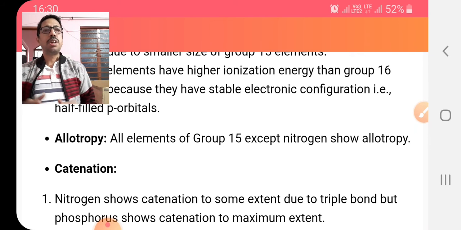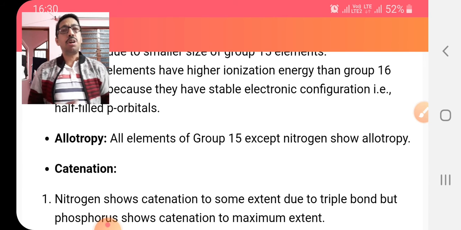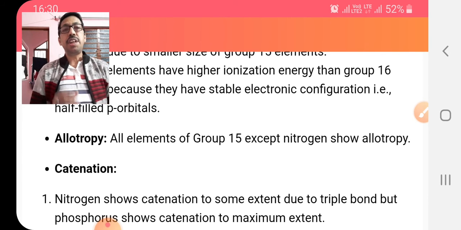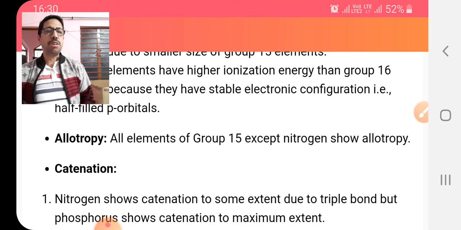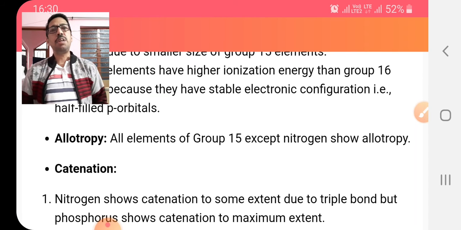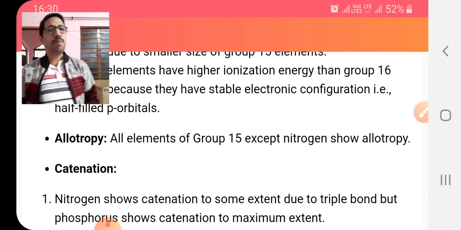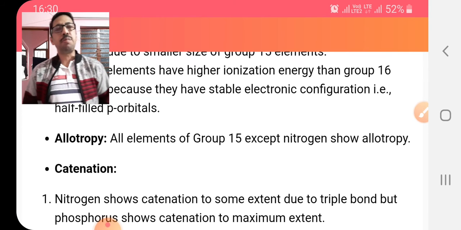Nitrogen shows catenation to some extent due to the presence of the triple bond in the nitrogen molecule. Due to the formation of the triple bond, nitrogen has a tendency to interact with another nitrogen atom and form catenation. Simply, catenation means linking with identical atoms.